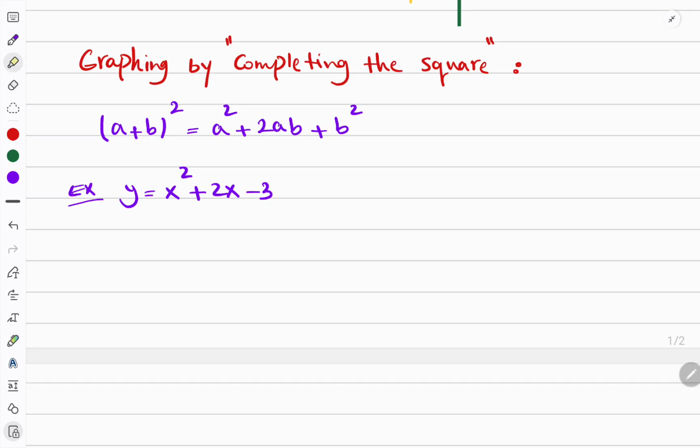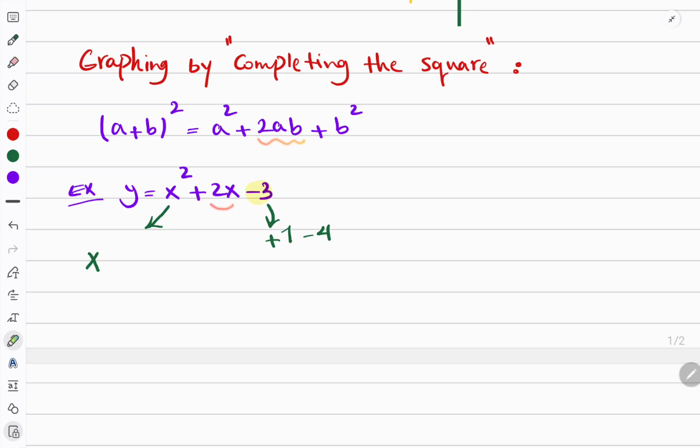So instead of negative 3, I'm going to split it into positive 1 and negative 4. Why? Because the square root of x squared is x and 2x is 2 times a times b.